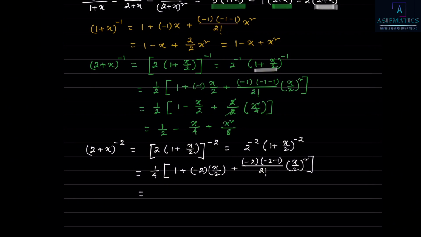So from here we can write 1 by 4 into 1, 2 and 2 cancel, this will be 1 minus x, plus this will be minus 2 and minus 1 is minus 3 times minus 2 is 6. So this will be 6 by factorial 2 is 2, and here is x square by 4.